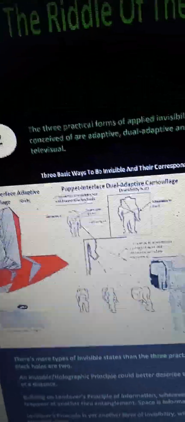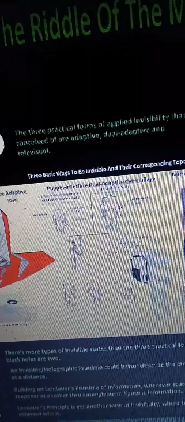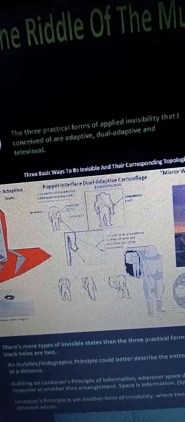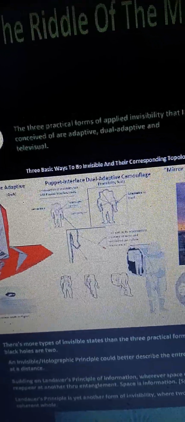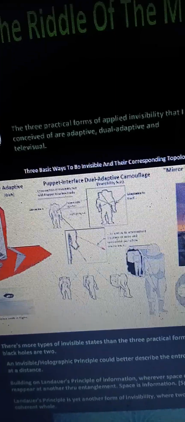Number two, the three practical forms of invisibility. The three practical forms of applied invisibility that I conceived of are adaptive, dual adaptive, and televisual. Well, first let me show that this is a basic light interface conceptual illustration, and the outside invisibility is inverse related to the inverse holodeck that's produced from the outside light.